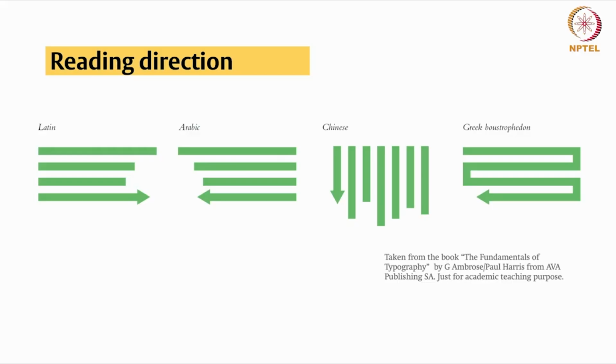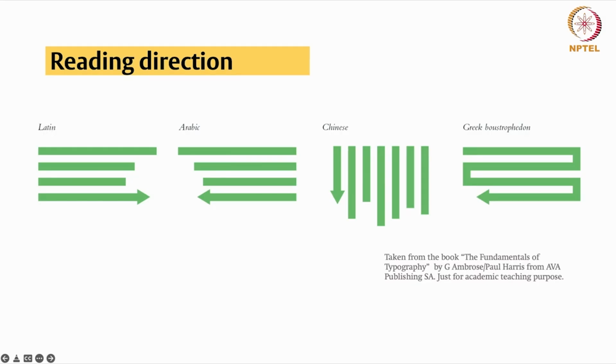Also, because navigation is from left to right, readers often look at the top left corner first, so important information or headings are placed there. So in case of Latin, most probably the important content will come here, the top left corner.